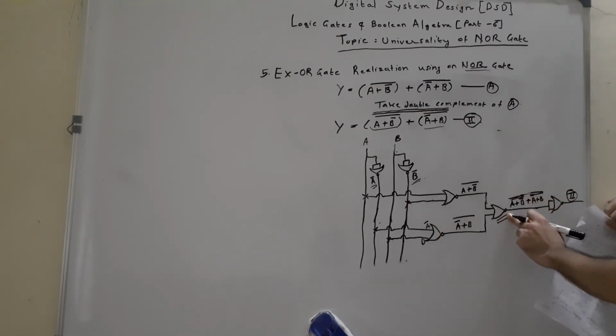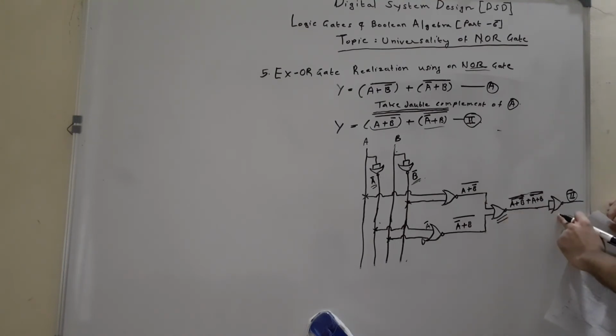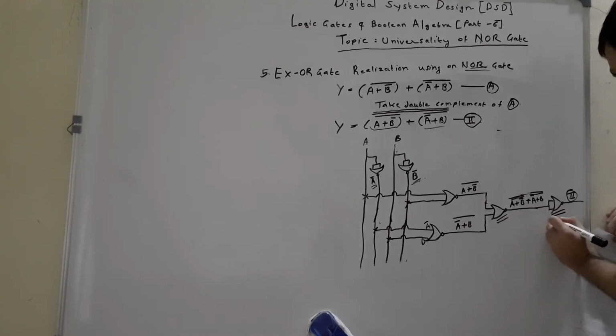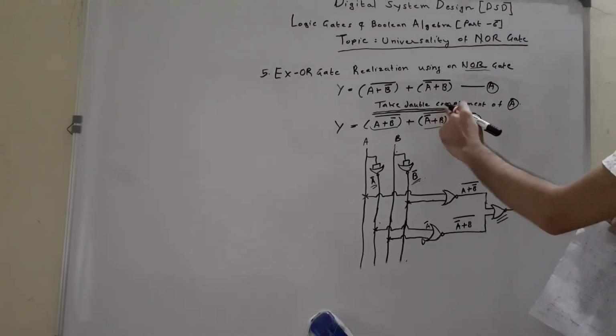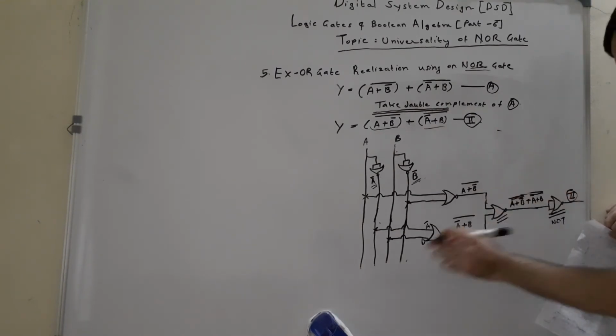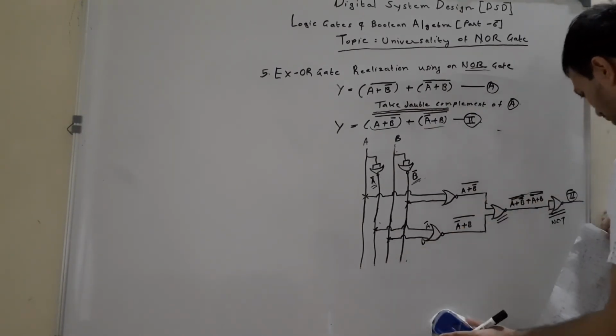And again, when we connect a NOR gate in series, which acts as a NOT gate, we get the final expression, which is the double complemented form. So again, I will write it over here clearly.